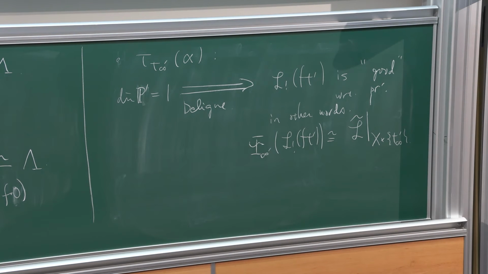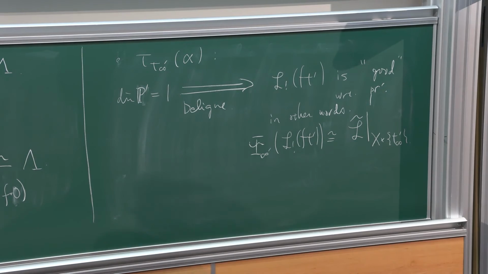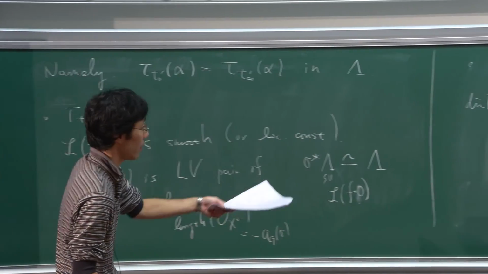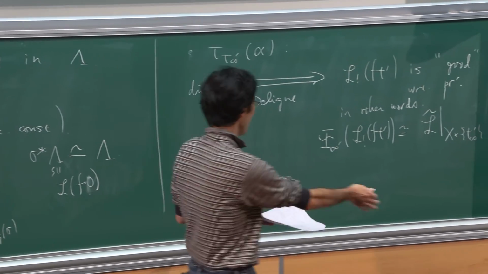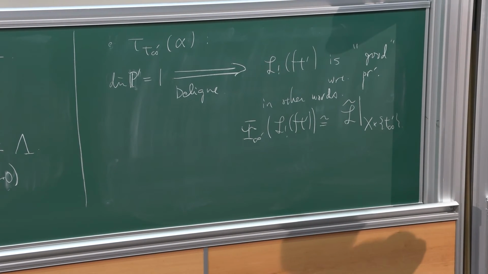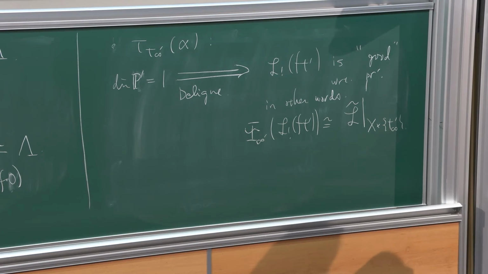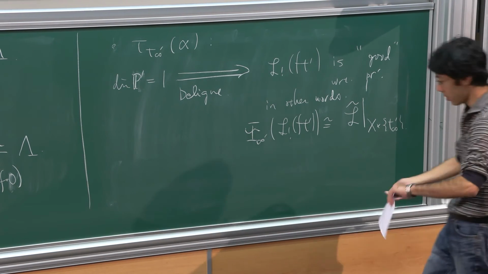So when the scheme is dimension 1, nearby cycle is always compatible with space change. So I use that. And when you have a universally locally acyclic family over some curve, then the nearby cycle is exactly just a restriction to your fiber.